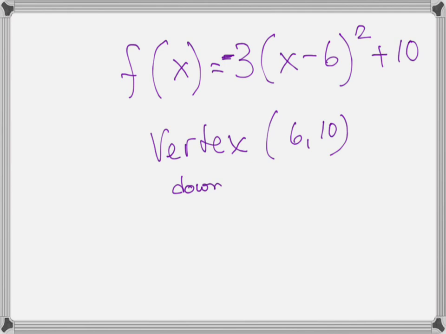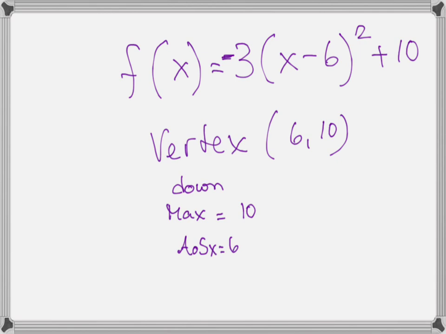Because I put a minus in there. That parabola opens down, so do we have a max or a min? I already wrote it down. The value of the max is 10. What's the axis of symmetry? X equals 6. Yes. Any questions?